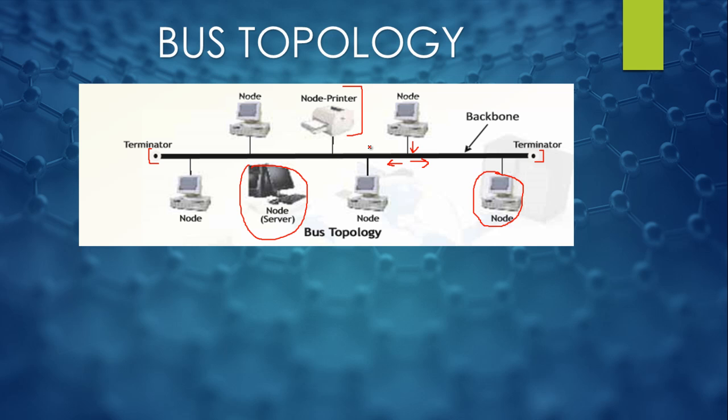First the data reaches this point. At this point this node checks whether this data belongs to it, and it rejects the data because the data does not belong to it. Then this data moves forward. When the printer checks the data, yes, it belongs to it, because the person sitting at this node wants to take the printout of a file, so he sent the print command.